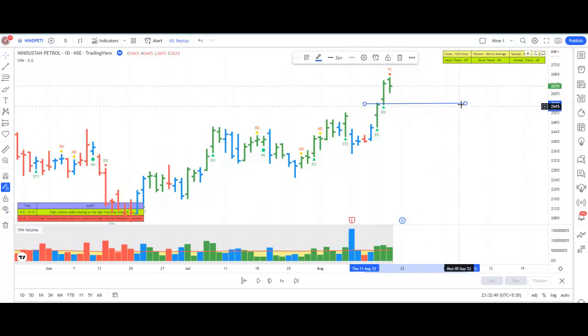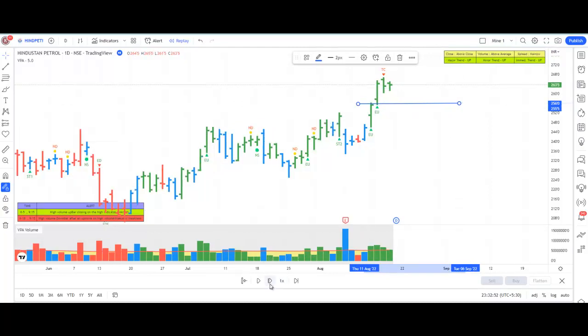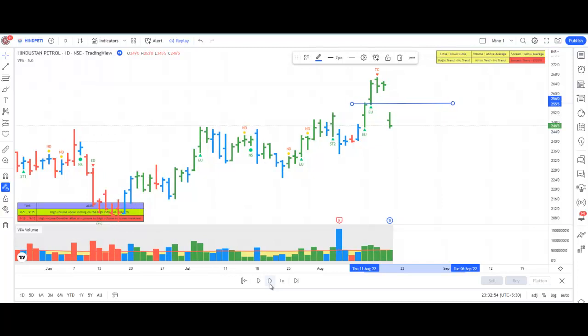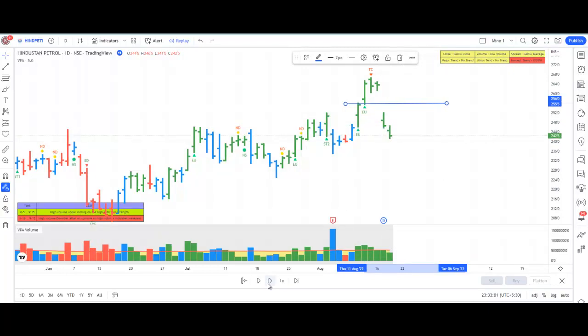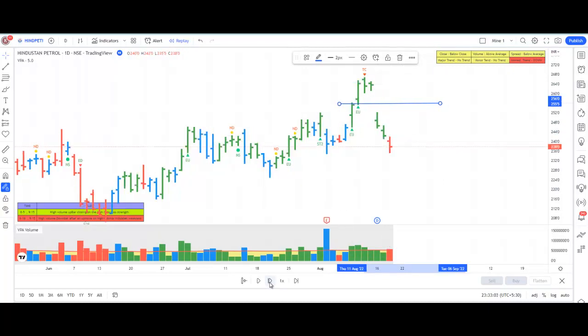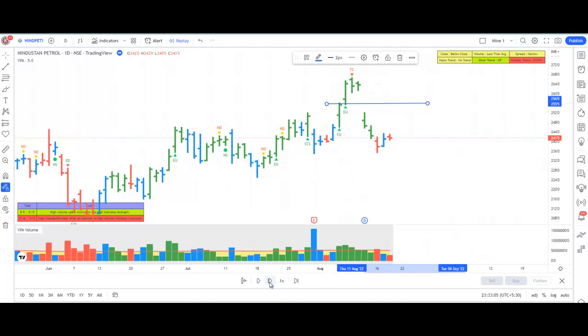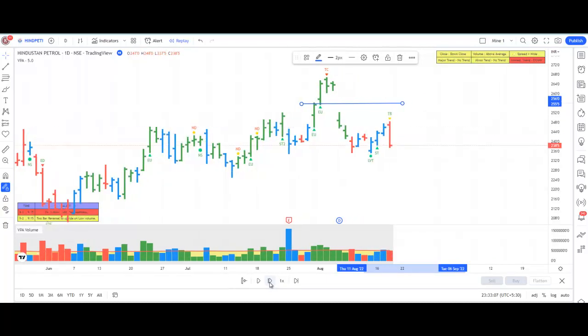And any further uptrend can happen only if this level is taken out. Now let's see how the prices play out. A little sideways move. Then you can see a huge down bar here. You can see a lot of weakness.